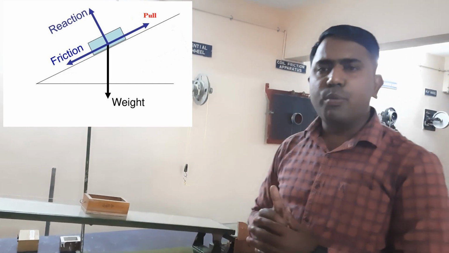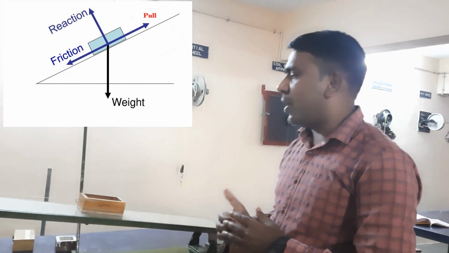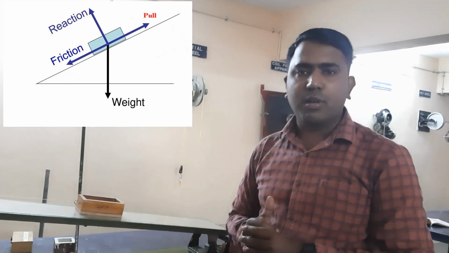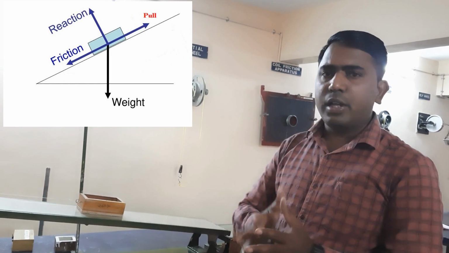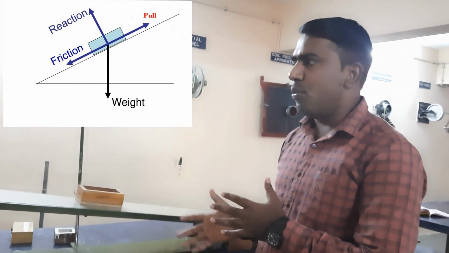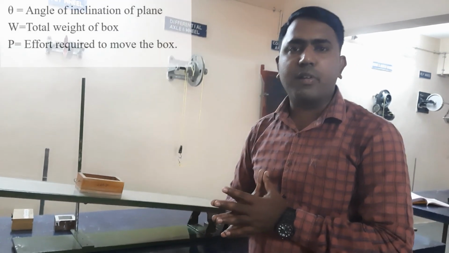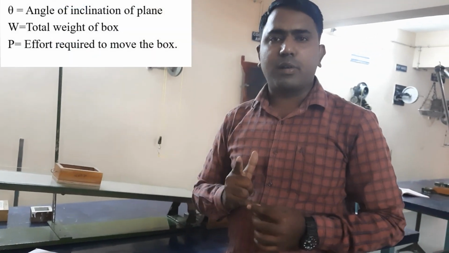We have to measure how much frictional force is acting here and what the coefficient of friction will be. For that purpose, different formulas are given, and with the help of this formula we calculate the coefficient of friction. For this we require three parameters.